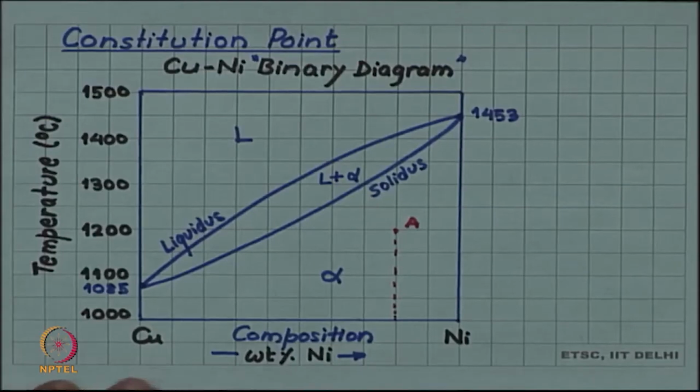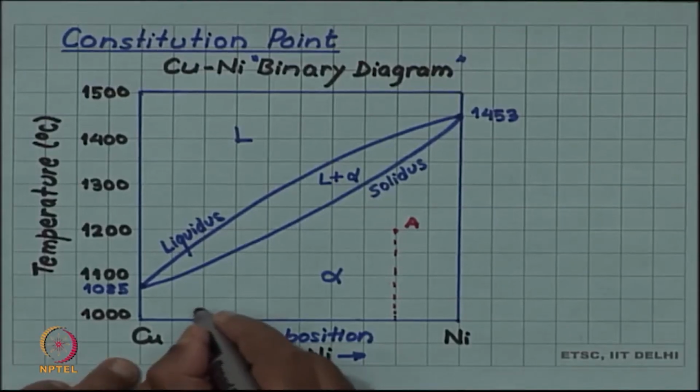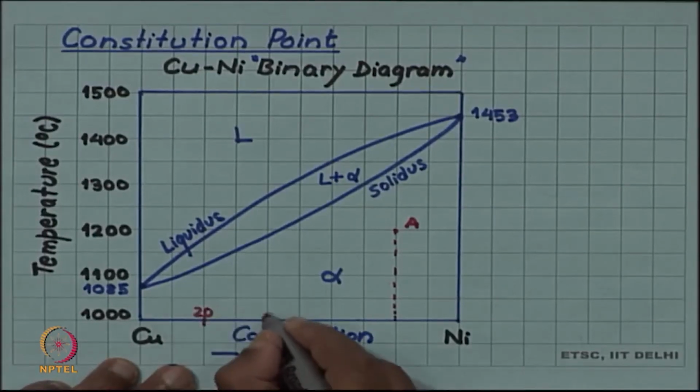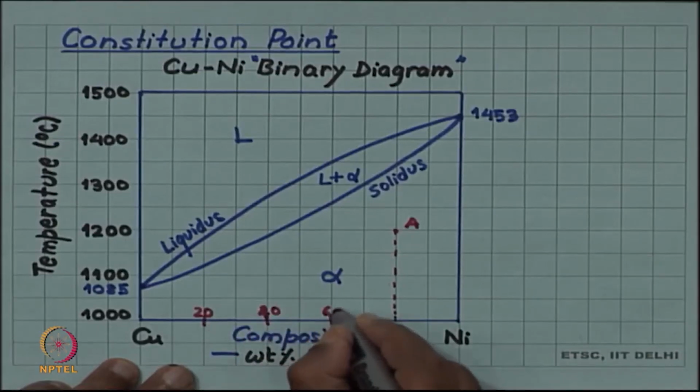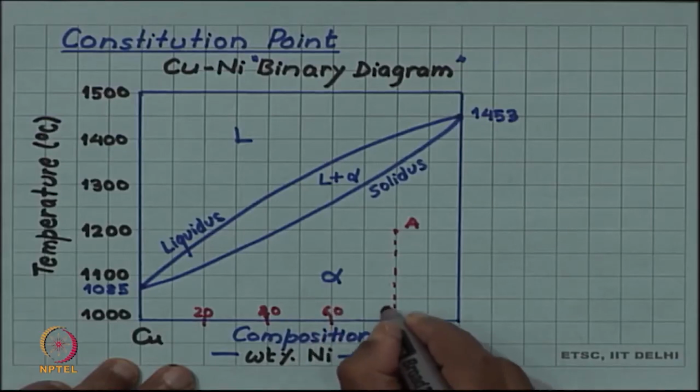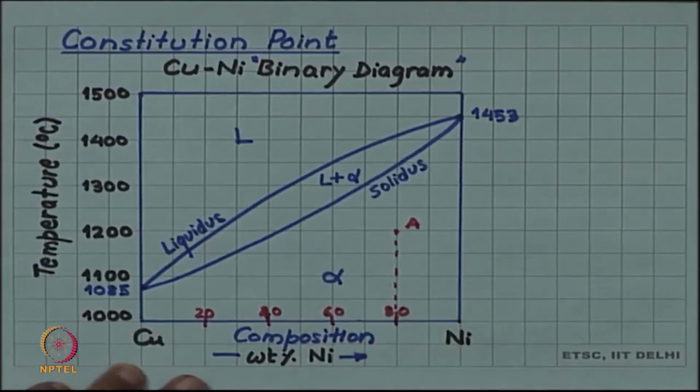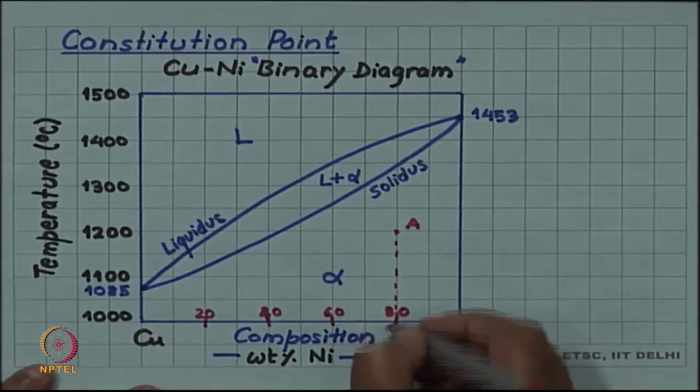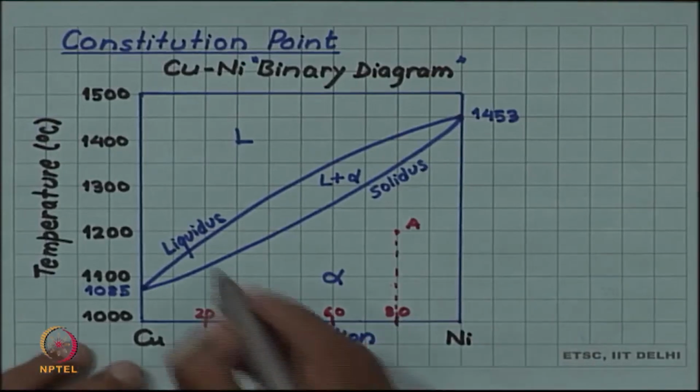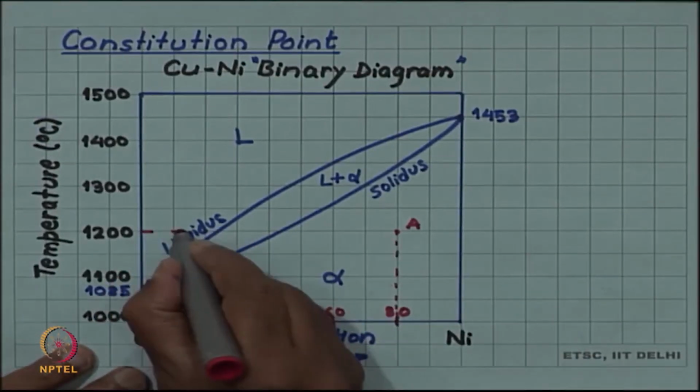In this particular case, you can see that if I try to find out its composition, it is easy. It is 80 weight percent nickel, that is its x coordinate, and its y coordinate is a temperature.